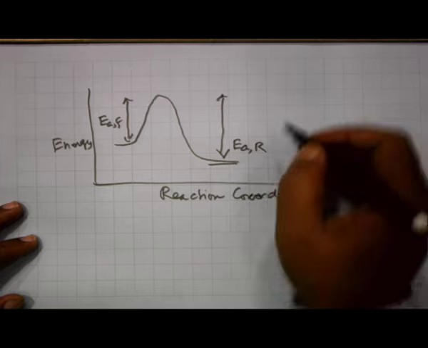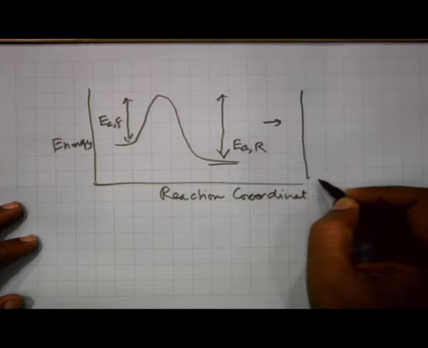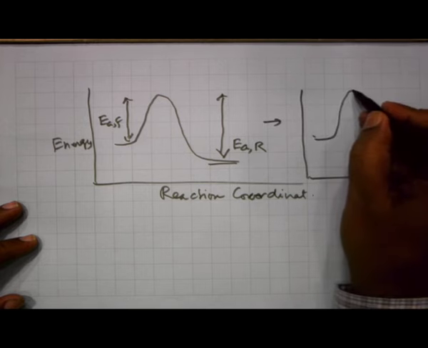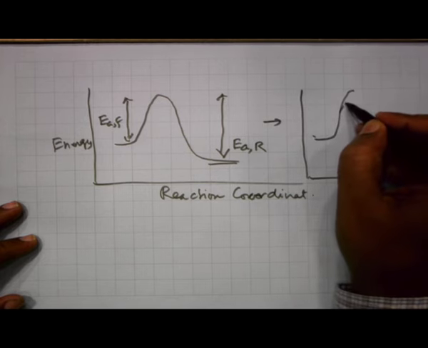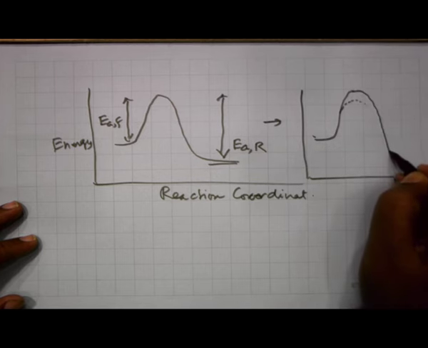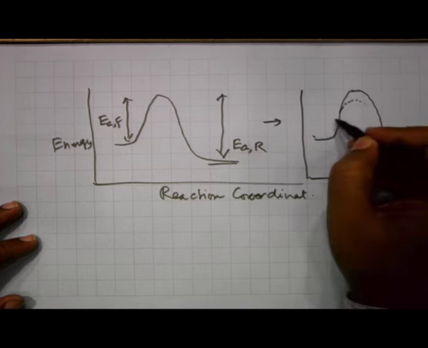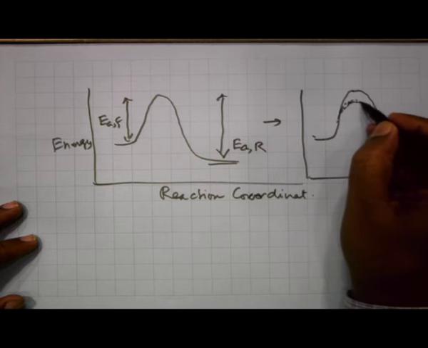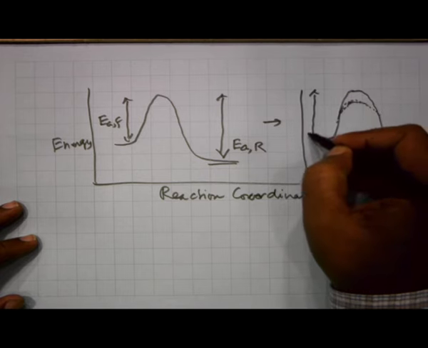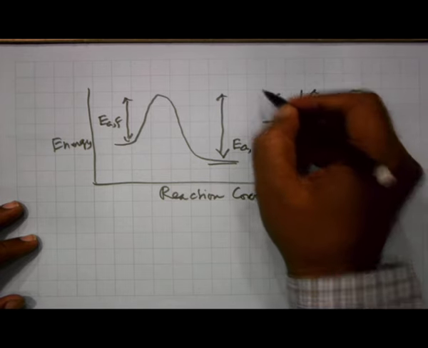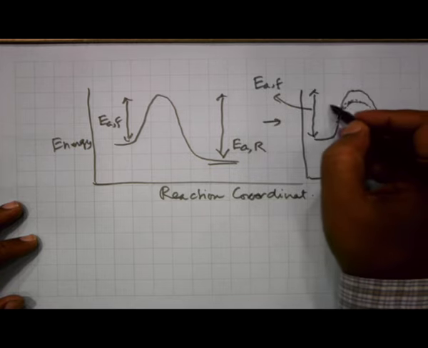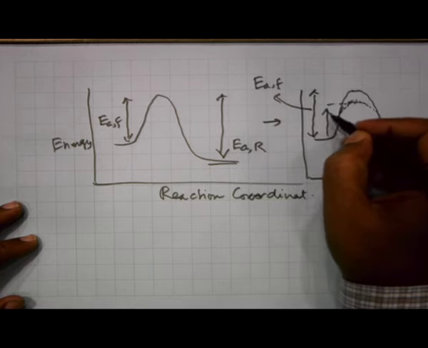When I add a catalyst, what I get is basically, initially this is EAF, activation energy of forward, but in presence of catalyst it decreases to this.